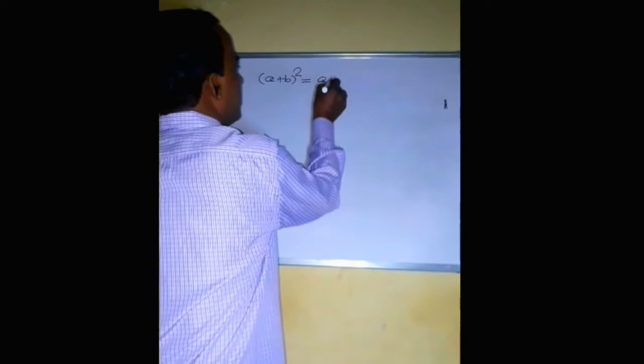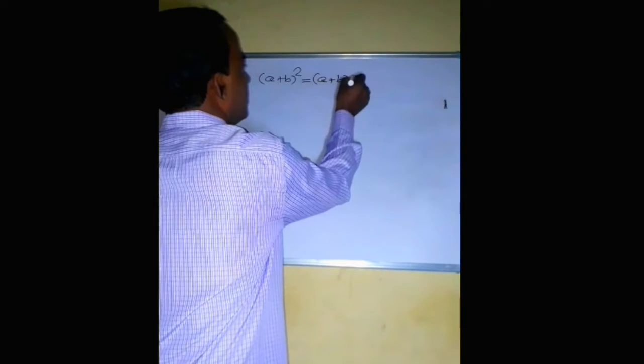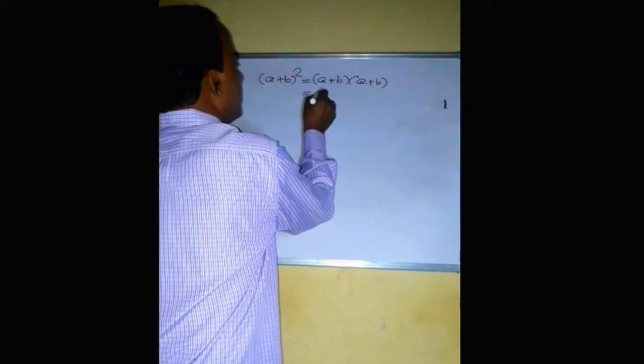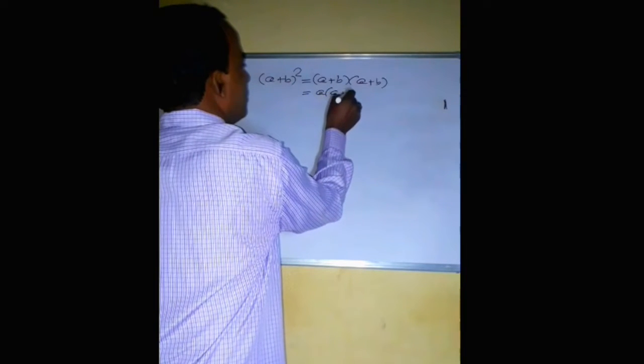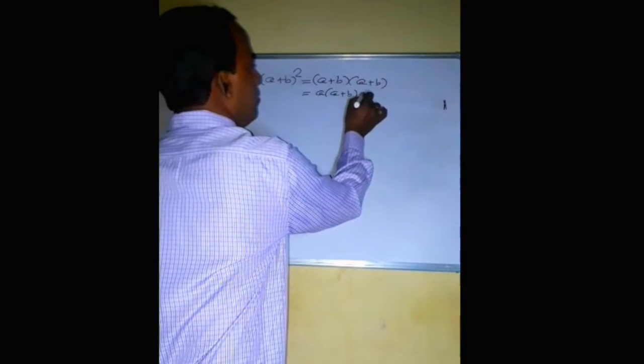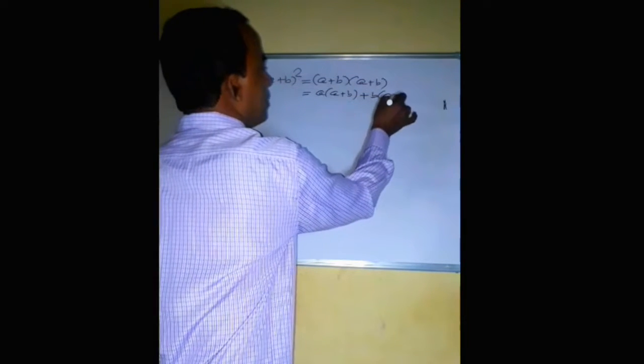That is equal to (a plus b) into (a plus b). That's equal to a into (a plus b). The first term will be multiplied with both the terms. Again, b with (a plus b).